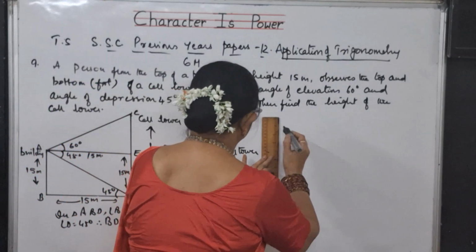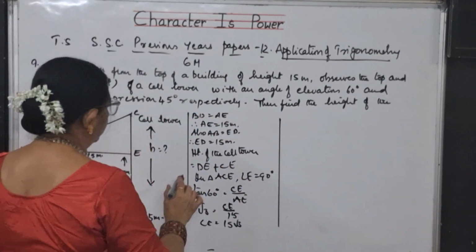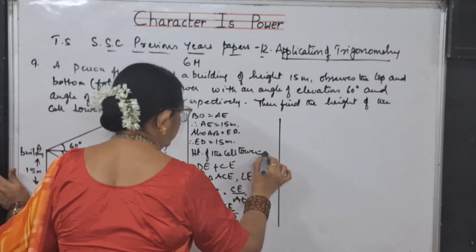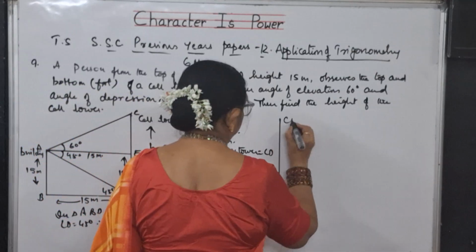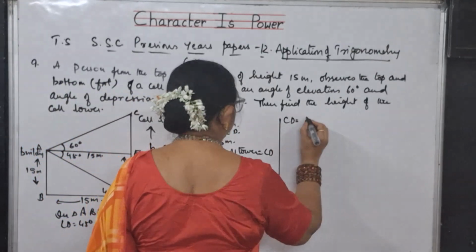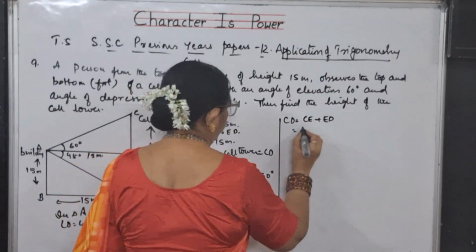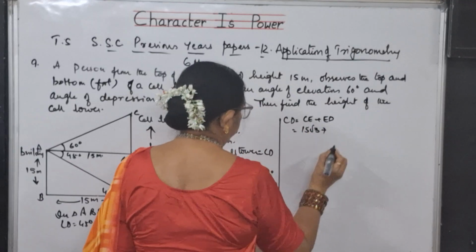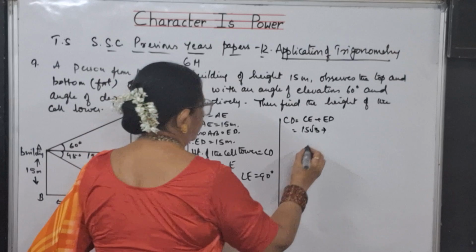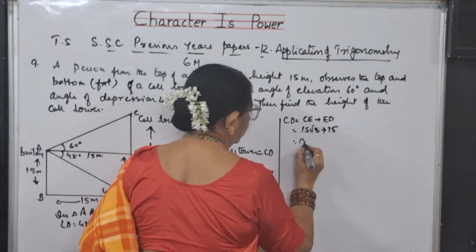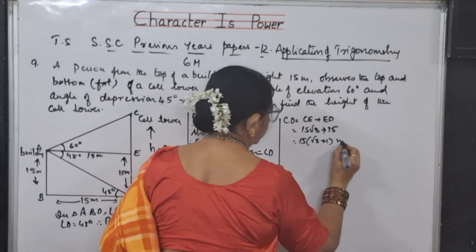So you want the height of the cell tower, that is we call it as CD, no? Height of the cell tower is CD. So we know that CD is equal to CE plus ED. So CE we got 15 root 3 plus ED, already you have got ED 15. So in these two, 15 into root 3 plus 1 meters.